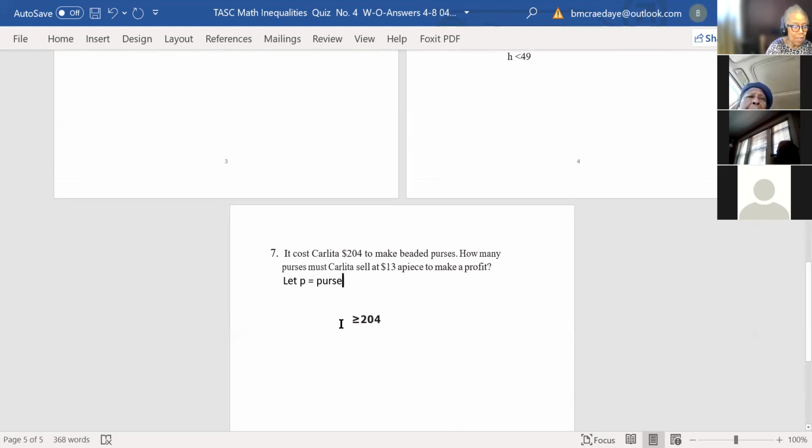So what goes on the left side, Vanessa? P, and what else? She's selling them at $13 a piece. So what is 13 multiplied by?